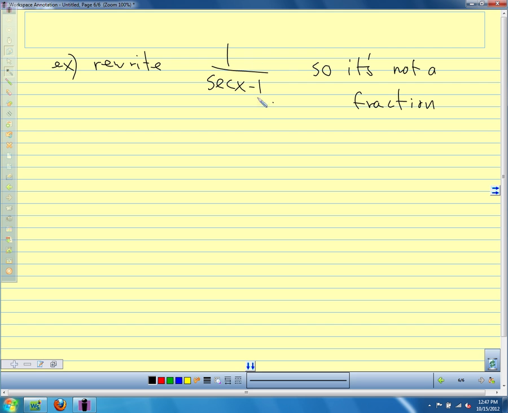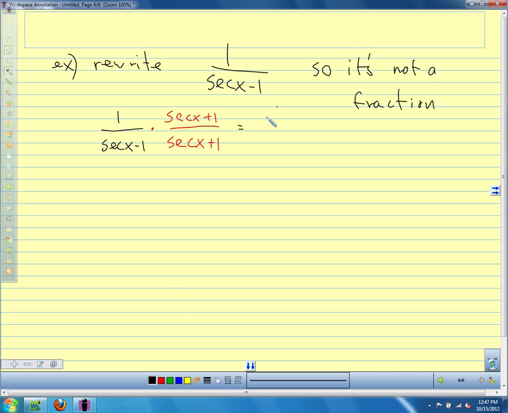I'm going to take 1 over secant x minus 1, and I'm going to multiply the numerator and denominator by secant x plus 1. So this fraction just equals 1, but it turns out that this is going to let me simplify this denominator.